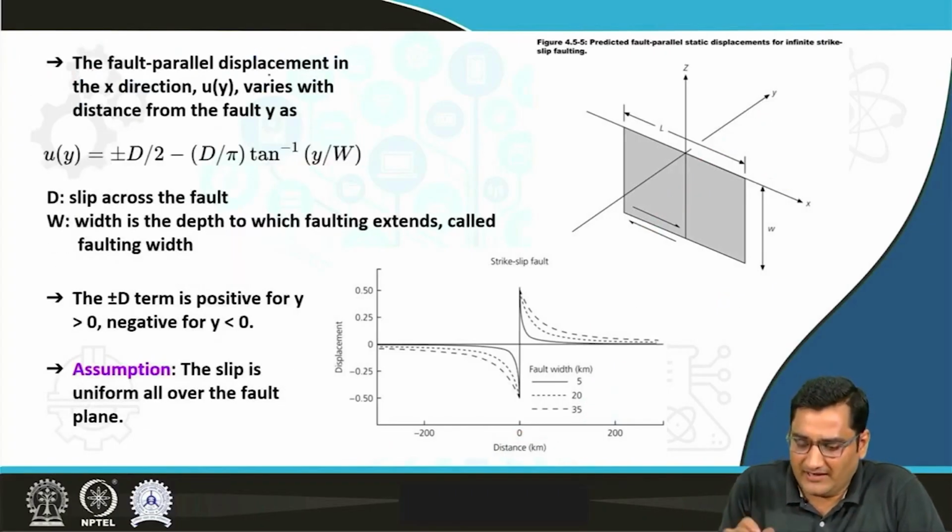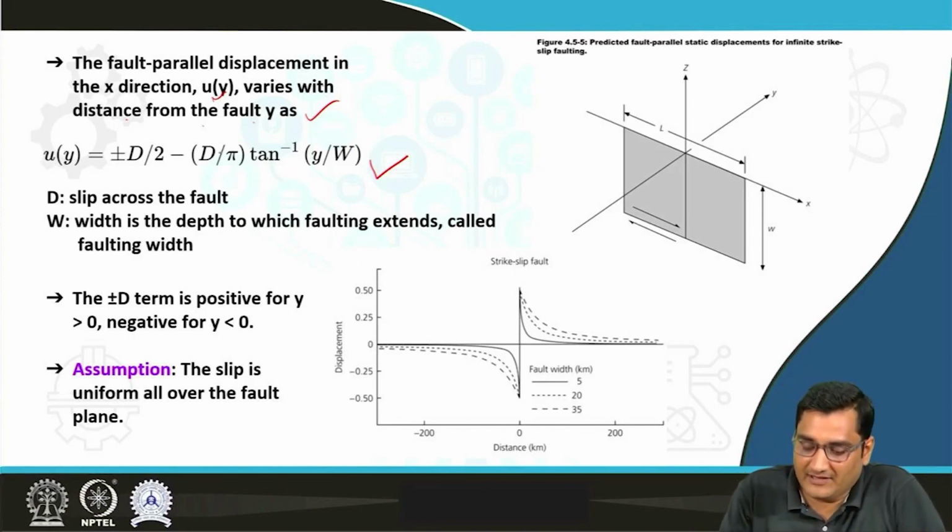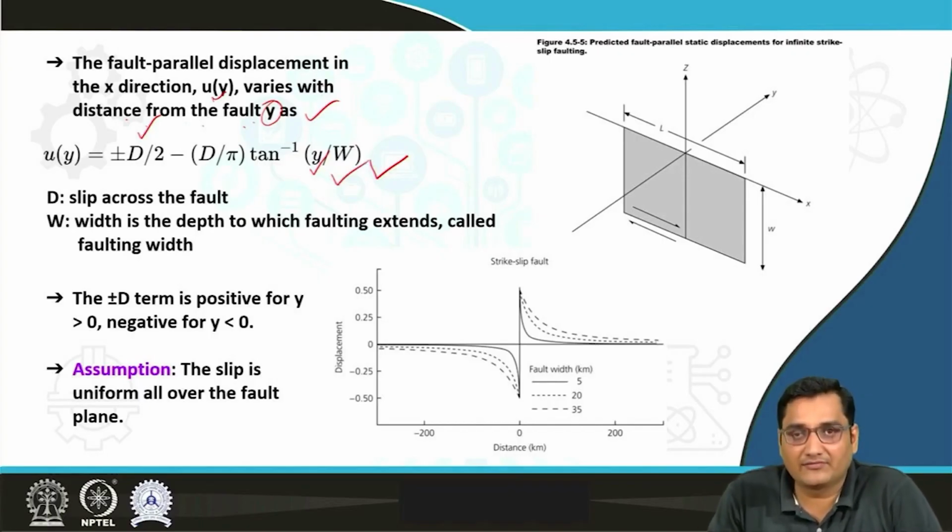The fault parallel displacement in the x direction, that is uy, varies with the distance from the fault y. This is the formula, or the expression, of the displacement uy that varies with distance from the fault y. You can see that d is the dip across the fault, y is the distance from the fault, and W is the width to which the faulting extends, also called the faulting width.